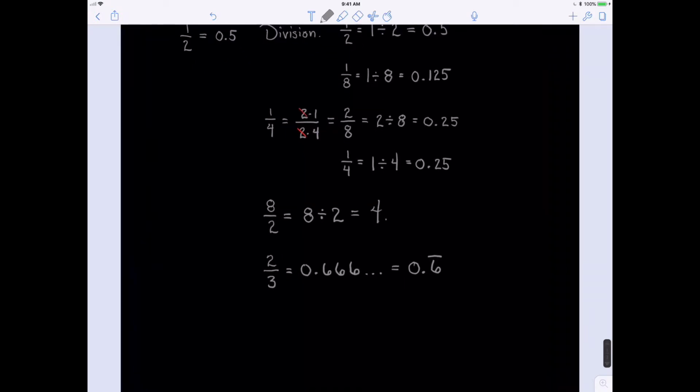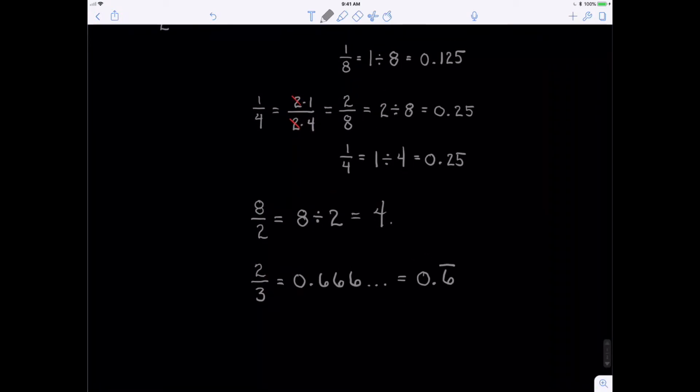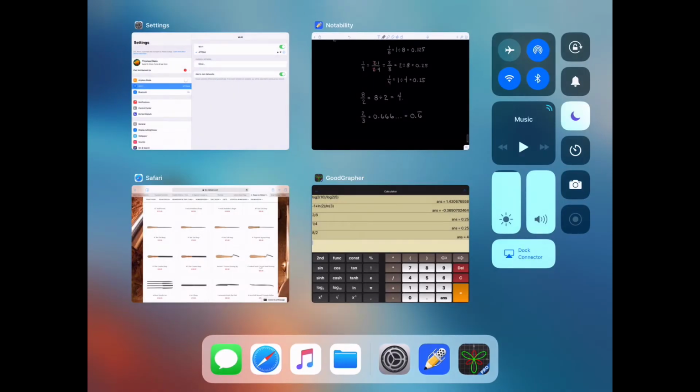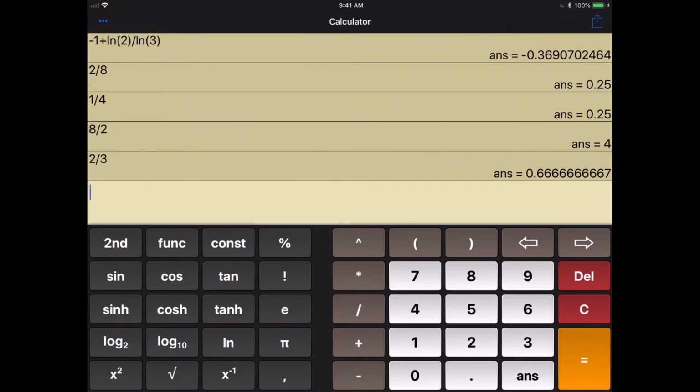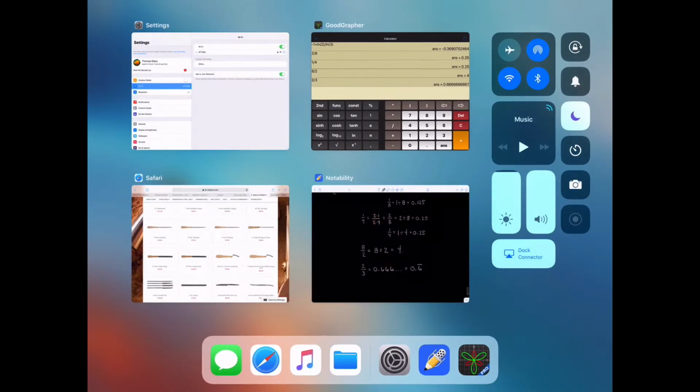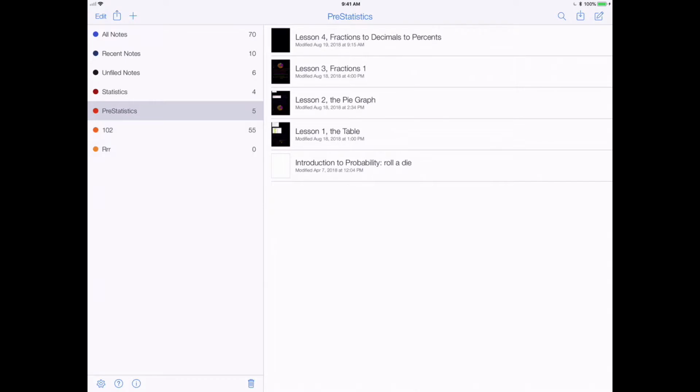Let's take a look. If we go back to Good Grapher, we take 2 divided by 3, and there's our repeating 6 pattern.